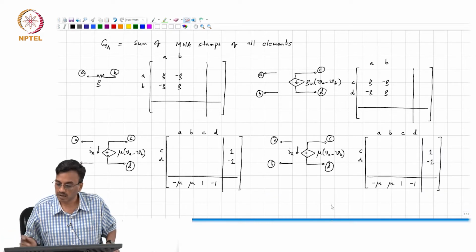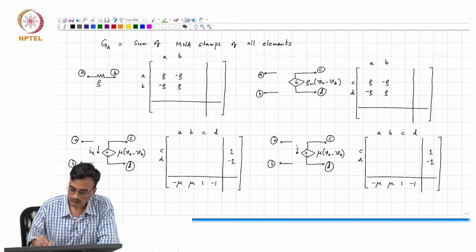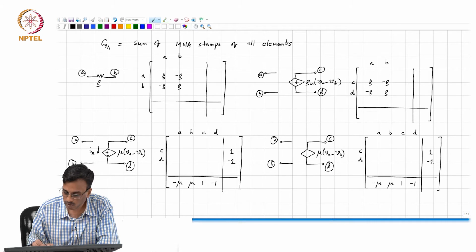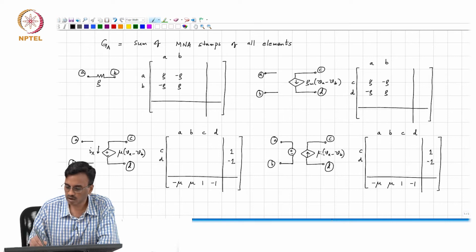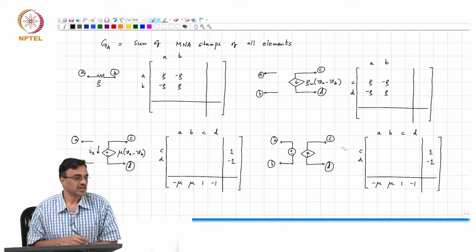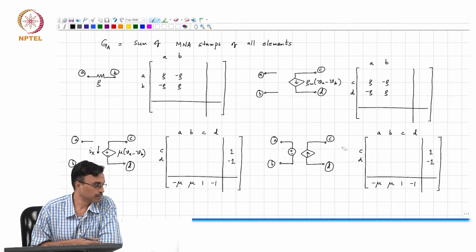The next controlled source is the current controlled current source, and remember, a current controlled current source always measures the current through a 0 voltage source.